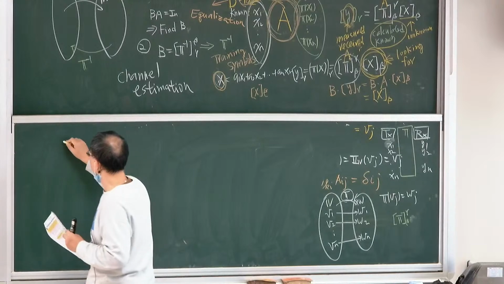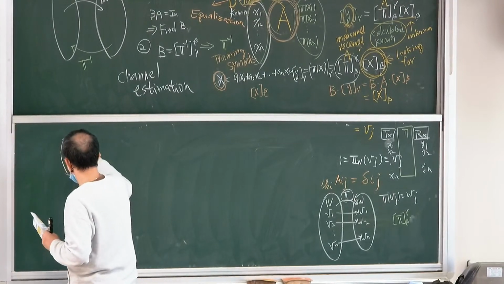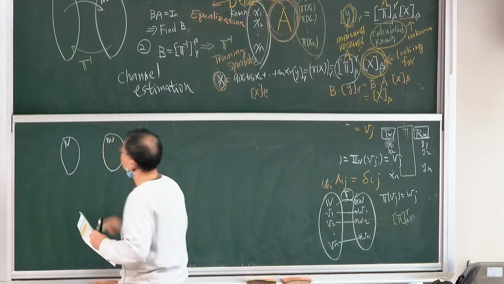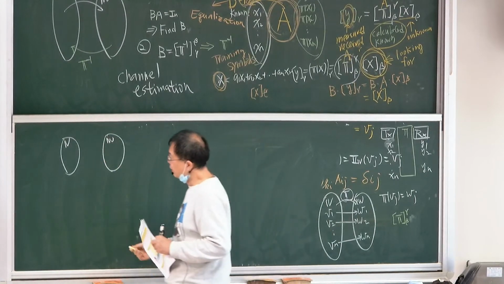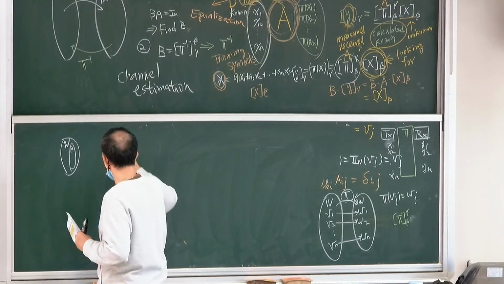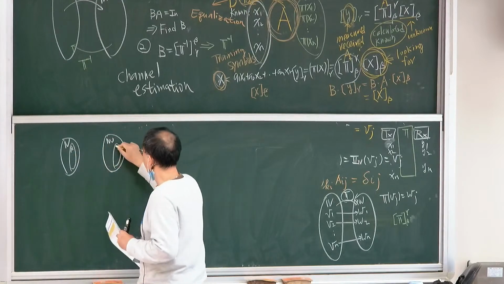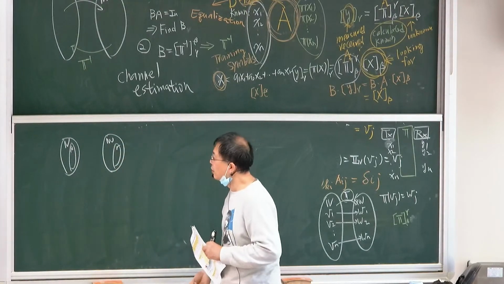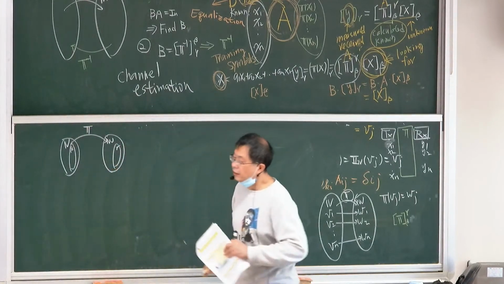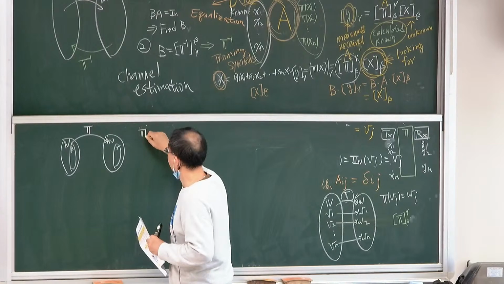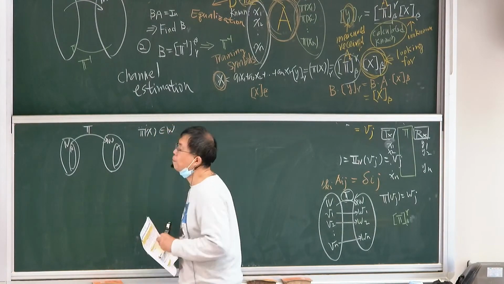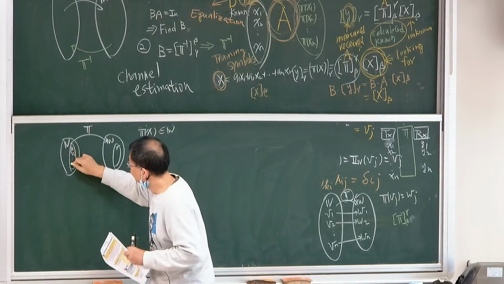Here we have the original vector space V, and we have another vector space W. Right now I have a set of vectors beta, which is a basis, and gamma is also a basis. We have a linear transformation T. Typically we have to write T(x), which will be in W, and then we have v_1 to v_n.